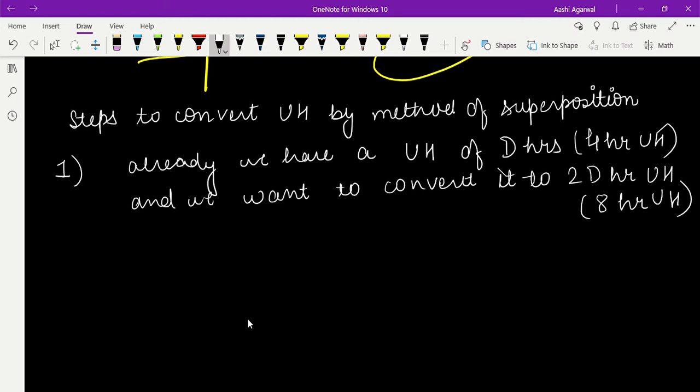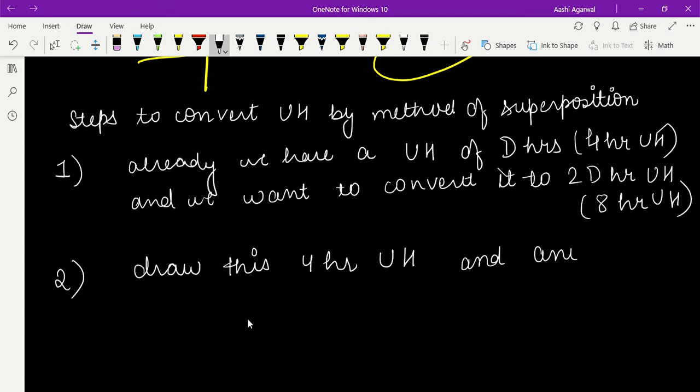So now this is something which I already have. The second thing that I have to do is draw this 4-hour UH and another 4-hour UH which is delayed by 4 hours.